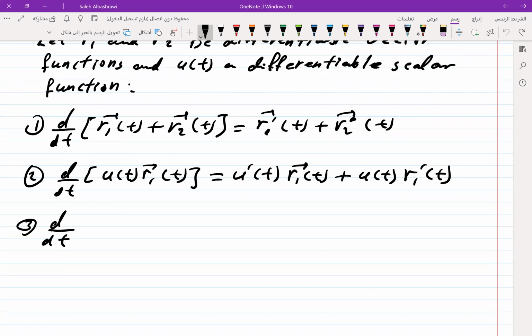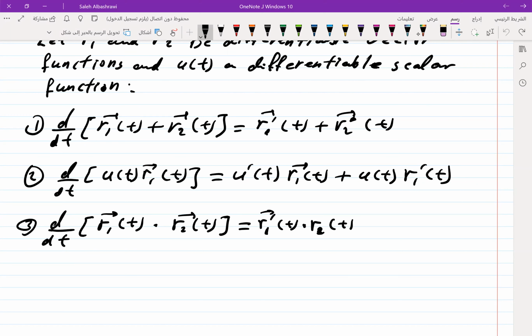the derivative of a dot product is equal to the derivative of the first one dot the product with the second one plus the first function multiplied by the derivative, or dot product with the derivative of the second one.